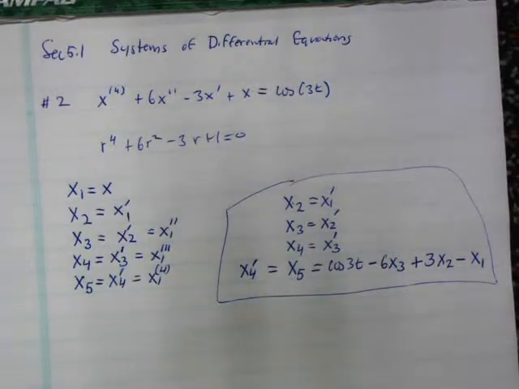There's my system. Wait, how would you put that in a matrix? How would I put that into a matrix? Yeah. We'll get to that. Okay. Tune in. If you look in your table of contents, where is it?